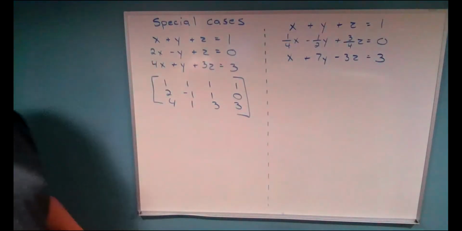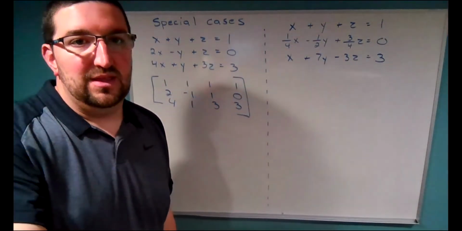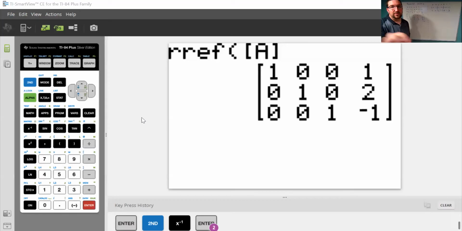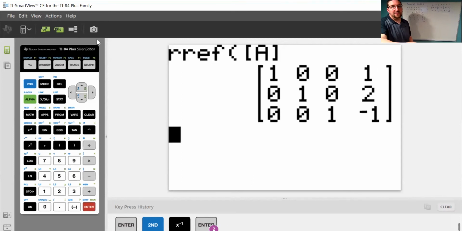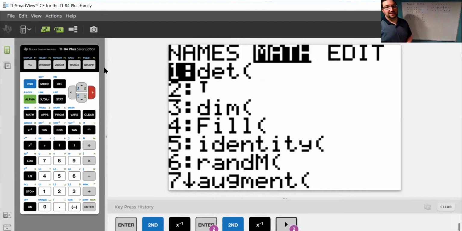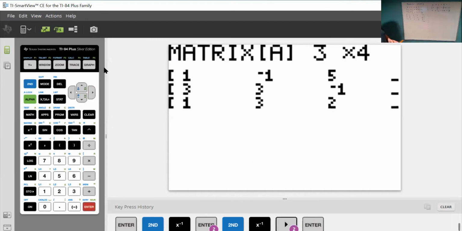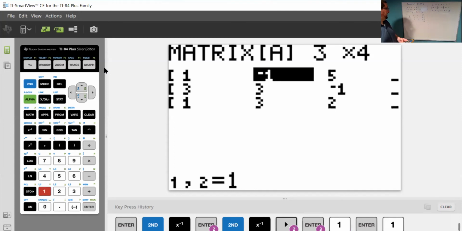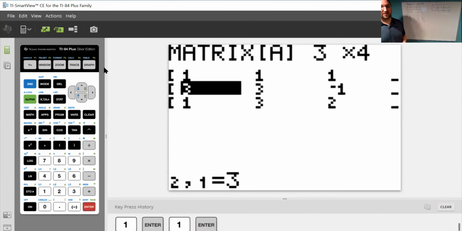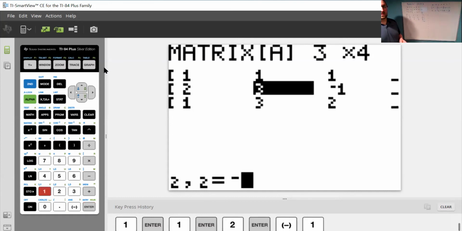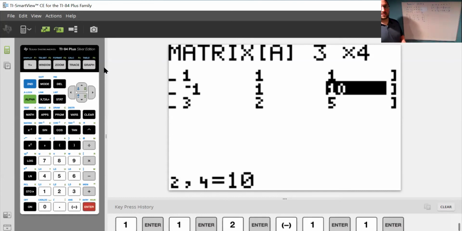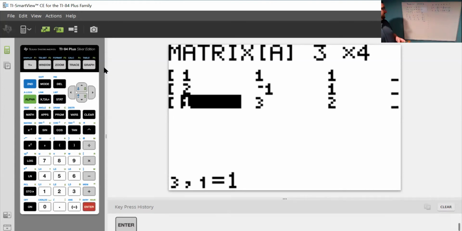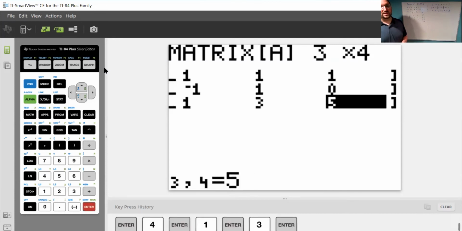And now we're going to enter that into our edit screen for matrix A. This is also a 3 by 4, and we're going to be entering in the matrix that we came up with: 1s going all the way across in the first column, then the second row being 2, negative 1, 1, 0, and our last row being 4, 1, 3, 3.